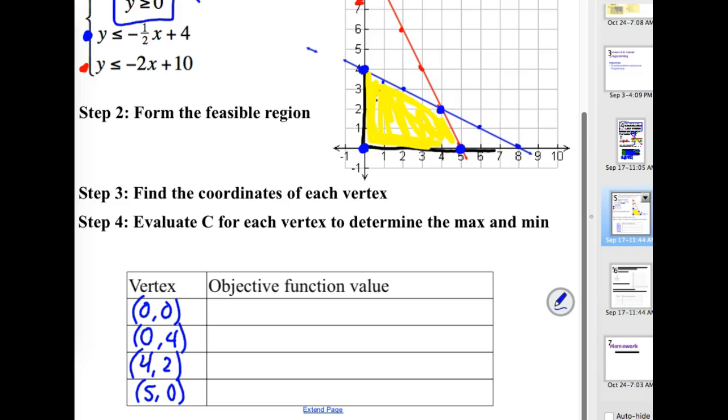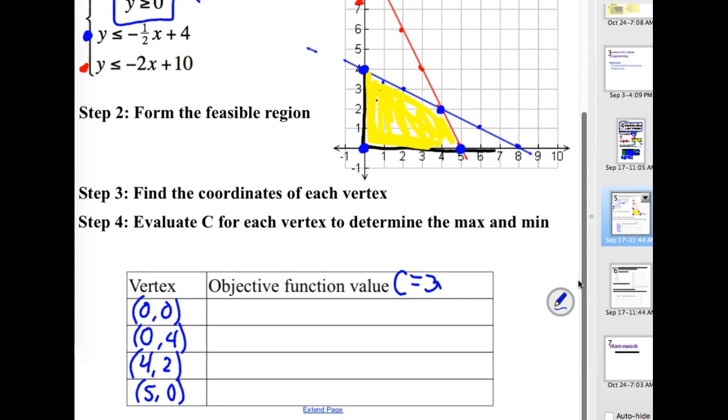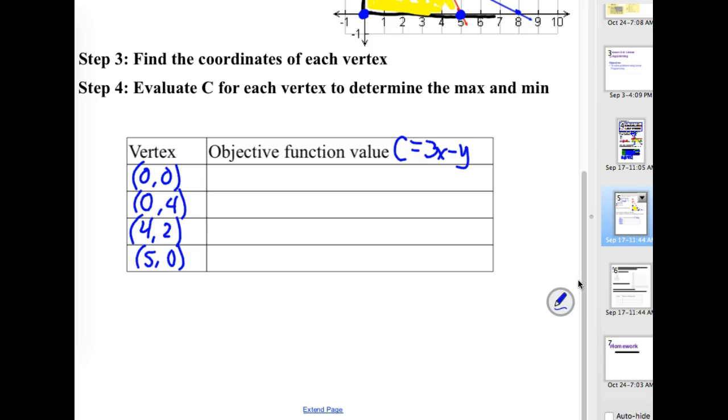Okay. So what was our objective function again? 3x minus y? All right, so let's evaluate each of those. 0, 0 is pretty easy. What are we going to get? So we've got 3 times our x coordinate minus our y coordinate.